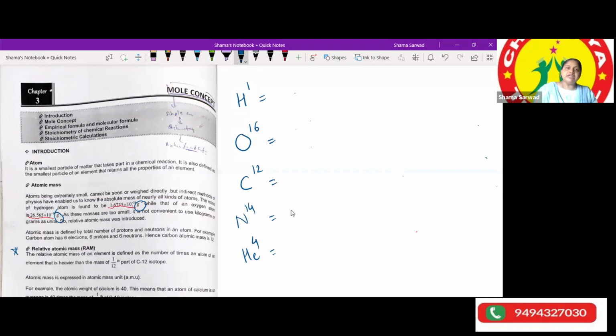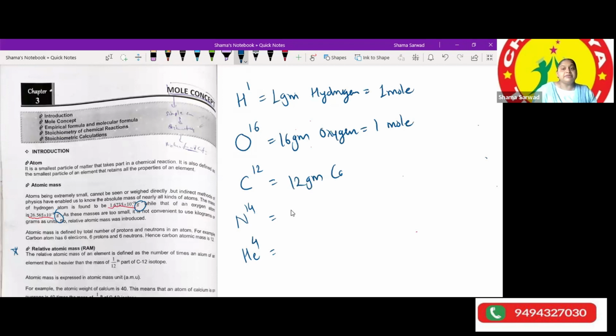It means if you take 1 gram of hydrogen, that is equal to 1 mole of hydrogen, right? If you take 16 grams of oxygen, that is nothing but what? 1 mole of oxygen. If you take 12 grams of carbon, that is 1 mole of carbon.